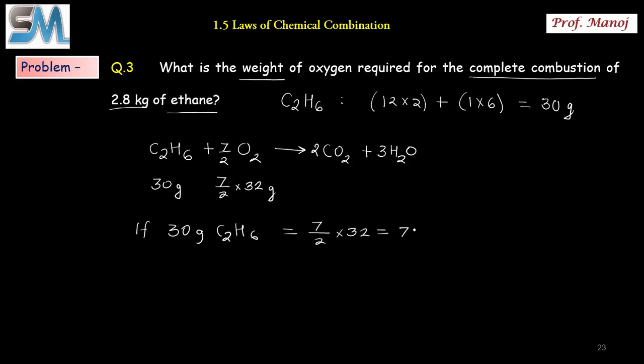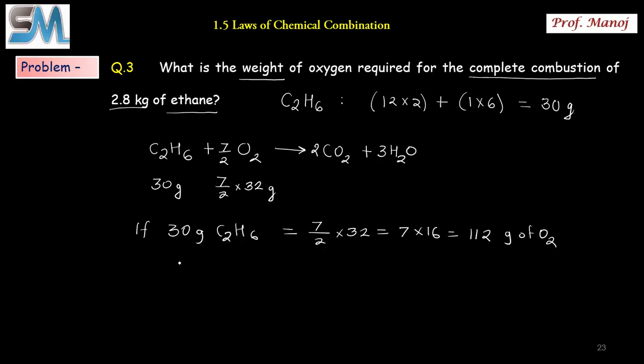That is 7 into 16 gram of oxygen. I hope my relation in the numbers is understood by everyone. 30 gram of ethane combining with 7/2 into 32 gram. This comes out to be, I think, 112 gram.